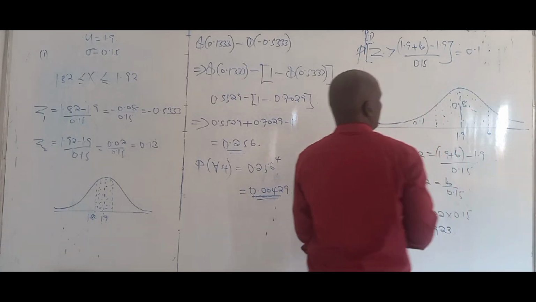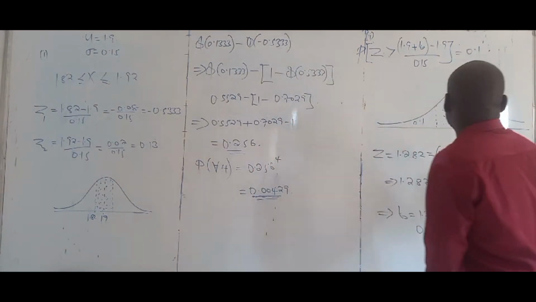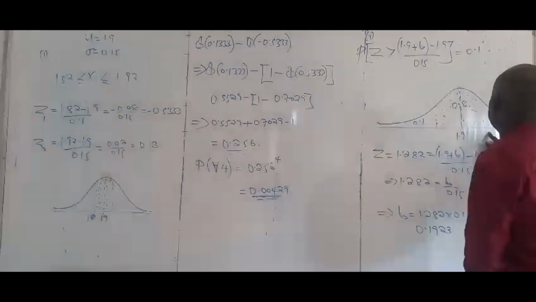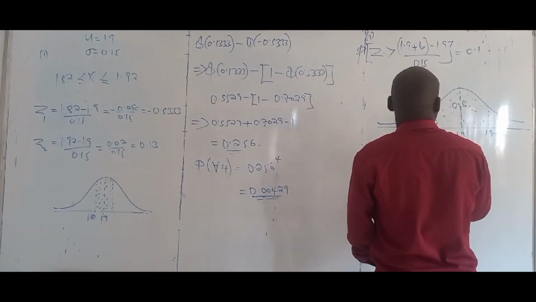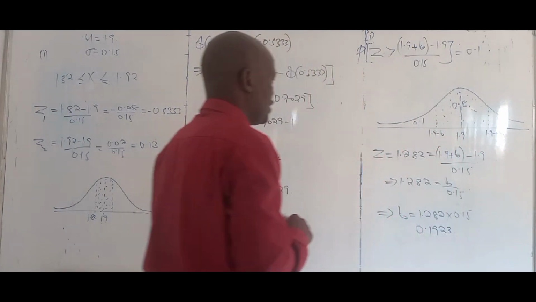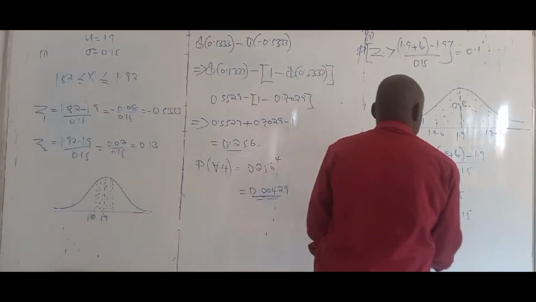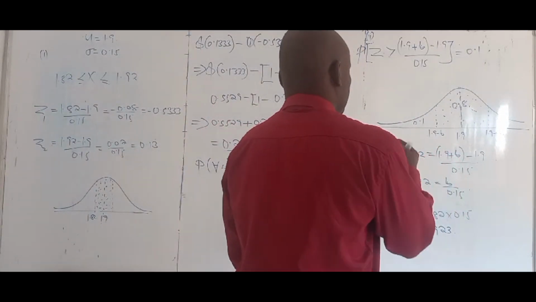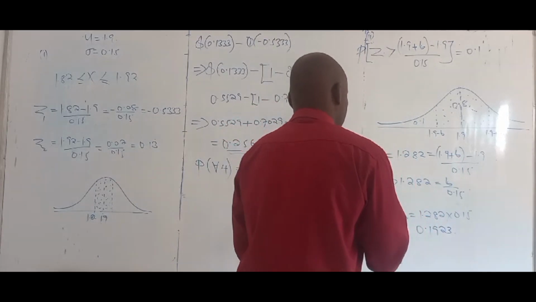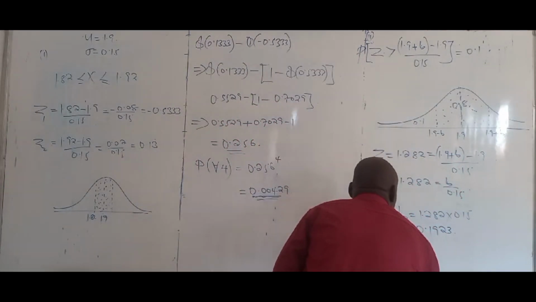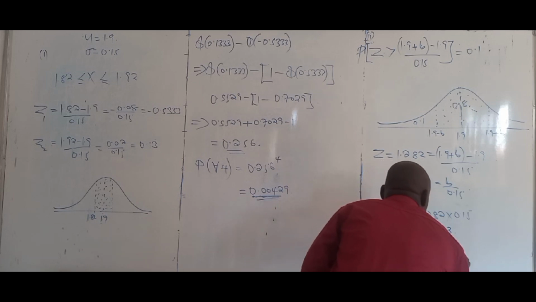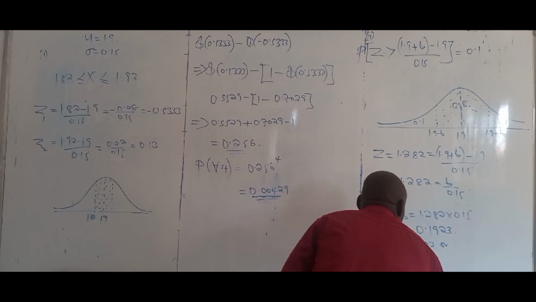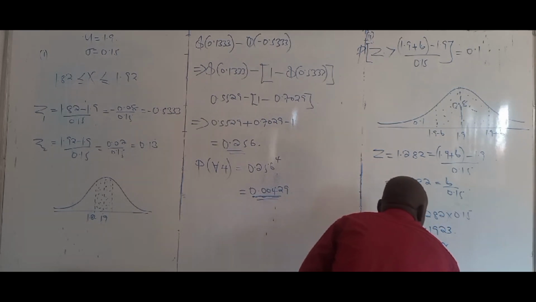And what we are saying is that this part here is 1.9 plus B, and this part here is 1.9 minus B. Yeah, that's what we have. So if we have B to be this, it will imply that the upper value will be 1.9 plus 0.1923, or 1.9 minus 0.1923.